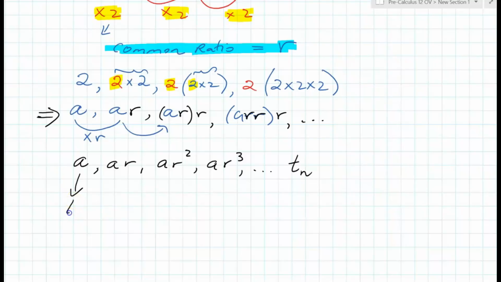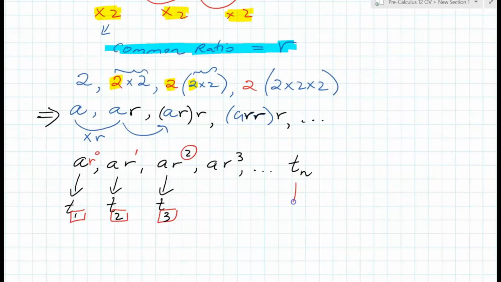So if a was the first term, t1, ar was the second term, ar squared the third term, notice that every time you have this subscript or the term number, the ratio exponent is 1 less than what you see. So this is 3, that is 2. This is 2, that is 1. And for 1, the r is actually to the power of 0.